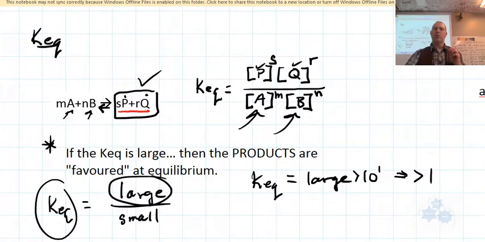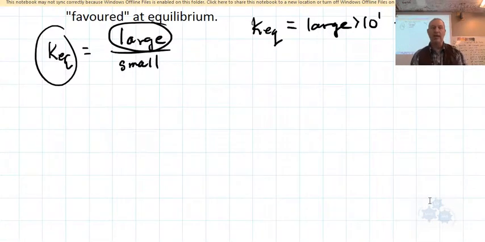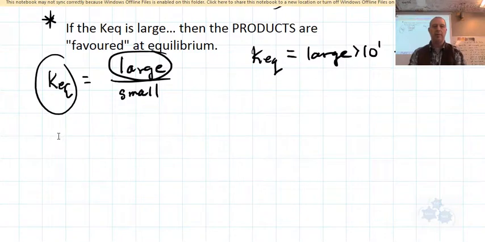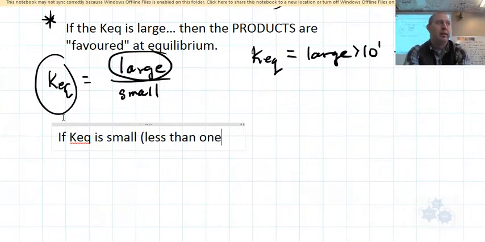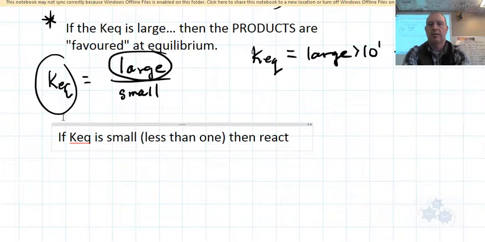Now, I will explain more about this whole favored thing. That's coming next. But let me just finish this thought: when the KEQ is small, the opposite happens, right? If KEQ is small, technically less than 1, then reactants are favored.